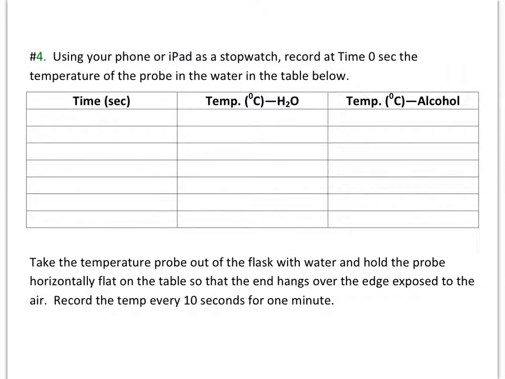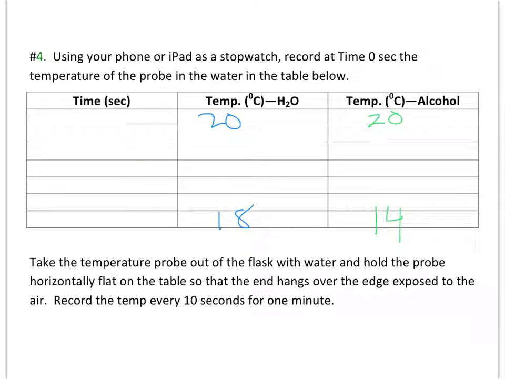This one, you should have seen that the temperature here, I think it started for most people at like 20 and it ended at maybe like 18. And for alcohol, it started again about 20, but then it ended at like 14 degrees, somewhere in there. So what you're seeing here is that it's taking much longer for the water to cool off.